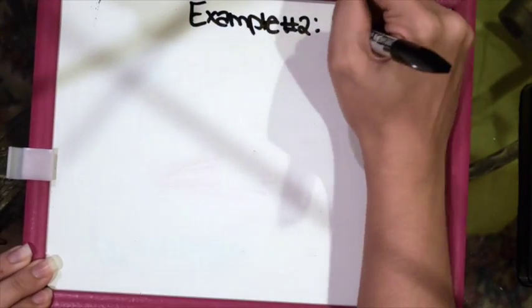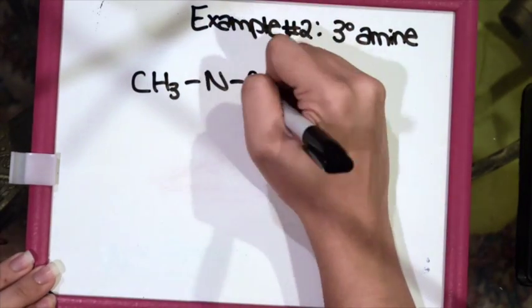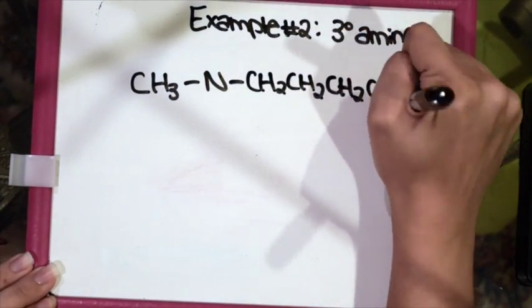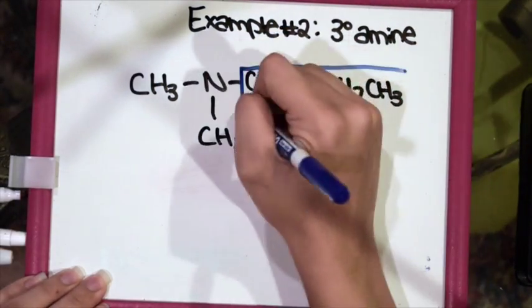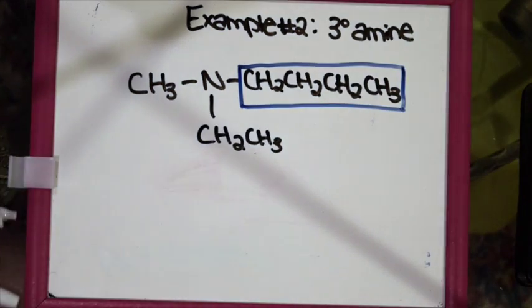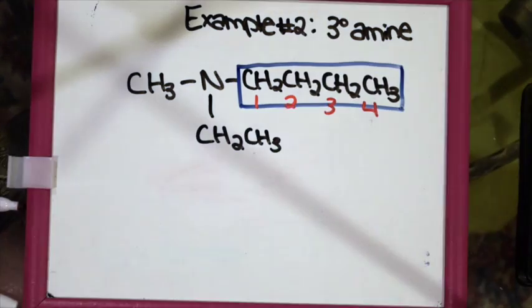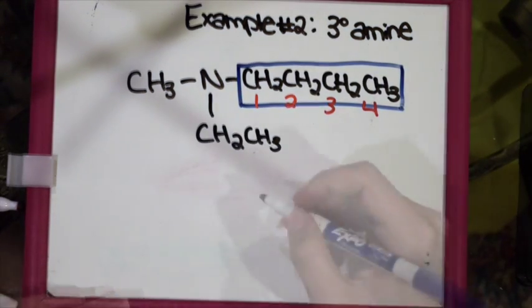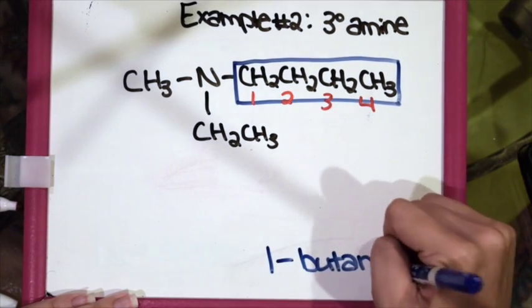In our next example, we're going to look at naming a tertiary amine. The longest carbon chain in this case is the one to the right of the nitrogen. We will number the chain from left to right to give us the lowest number for nitrogen's attachment. The parent chain has 4 carbons.